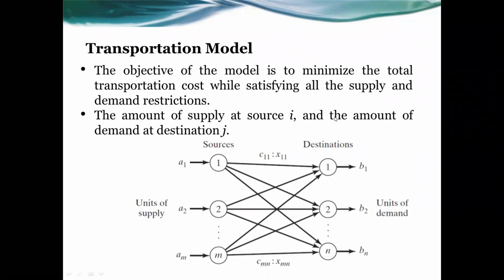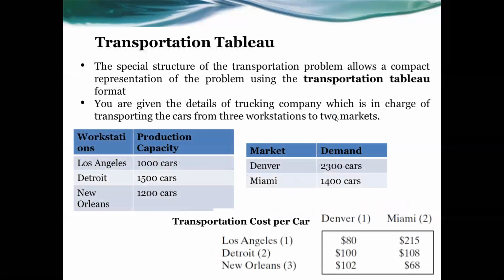Okay, moving on, we discuss this example. Specifically, with the transportation model, or transportation problem, first of all, we need to convert the transportation problem into a transportation tableau. That's the process we deal with in the transportation problem.